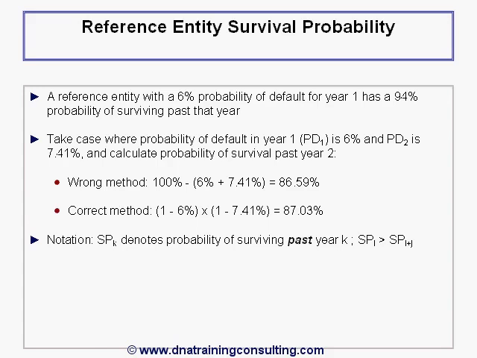Note that this is a cumulative concept, so that necessarily SP3, for example, would be larger than SP4, and more generally, as written at the end of this bullet point, SPI is always greater than SPI plus J for any positive values of I and J.